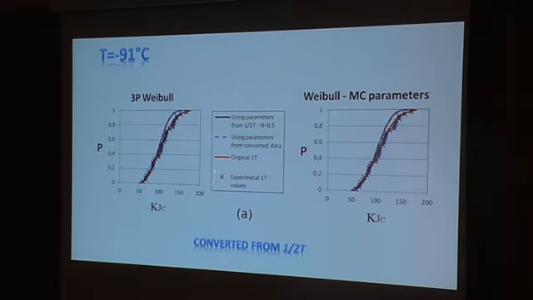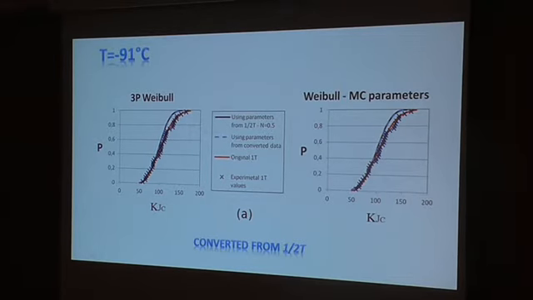We have in black crosses the experimental data of 1T, and in black and also in blue we have the probability corresponding to tests in different sizes converted to 1T thickness.